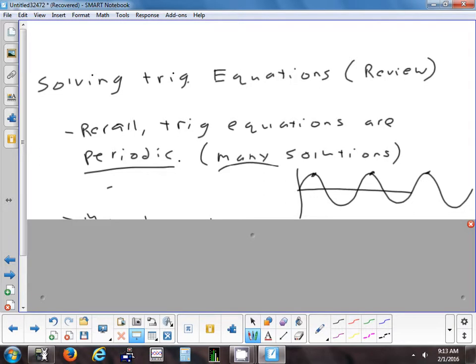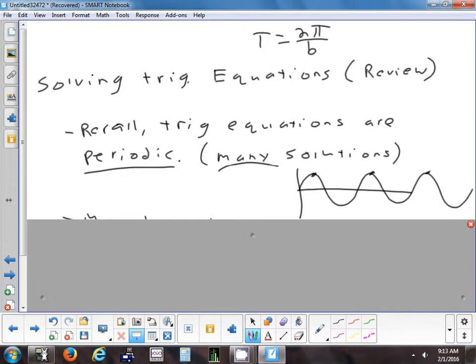Remember, if we did something like this, that changes the period. That's your horizontal stretch. So the period in this case is 2 pi divided by 3. We had this formula, just write it down. T equals 2 pi over b.